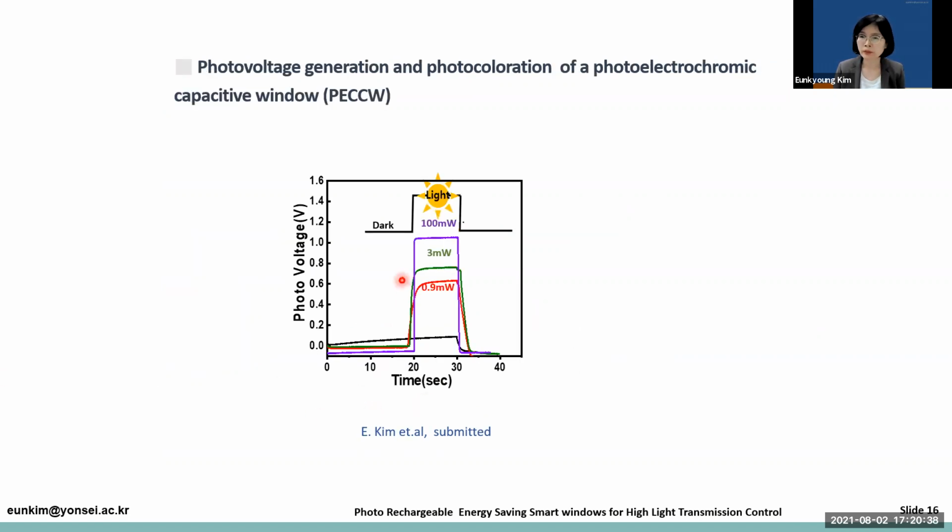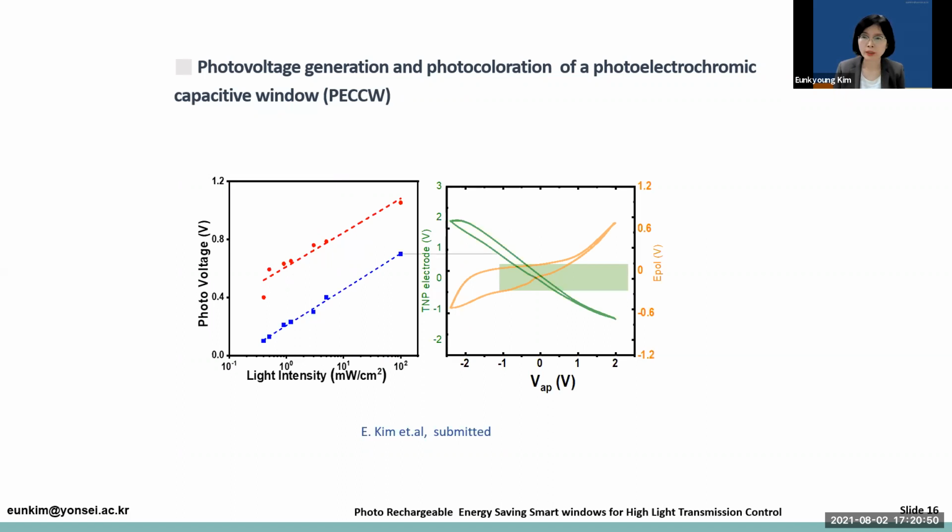Indeed, this gives a photovoltage from this single cell structure. At 100 milliwatt, it can generate over 1 volt. And this voltage over 1 volt, of course, corresponds to a voltage application of about -2 volt.